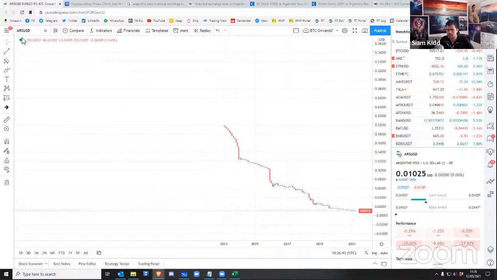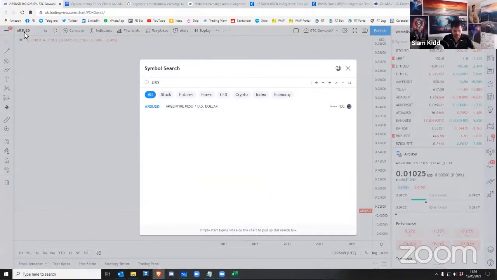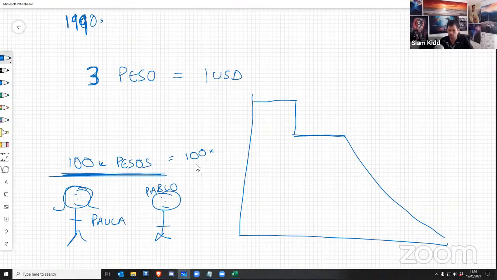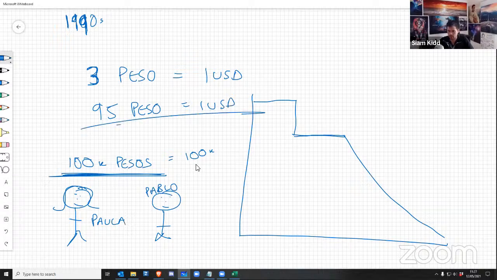If we do it the other way around, USD ARS, look at it, 95. That's how much it's devalued. So it went from 3 pesos to equal $1, and now it's 95 pesos to get $1.